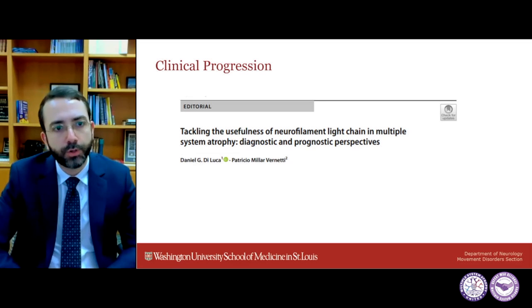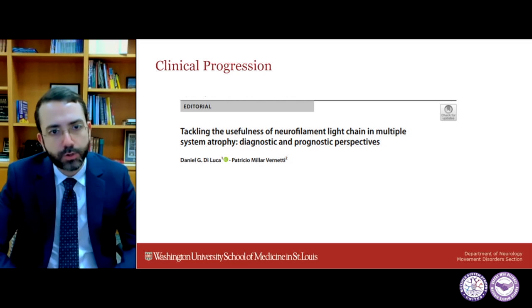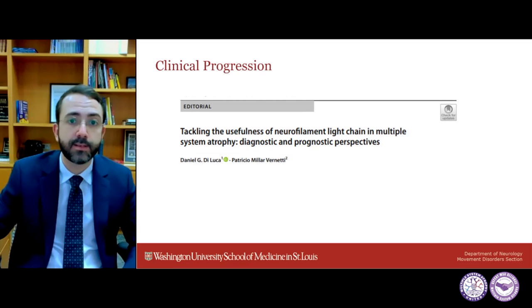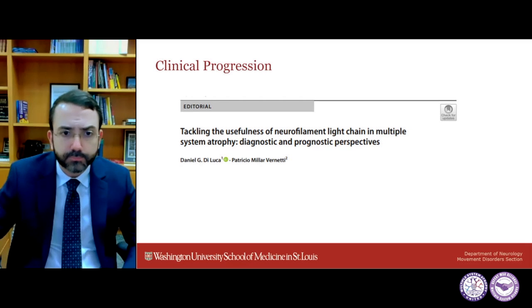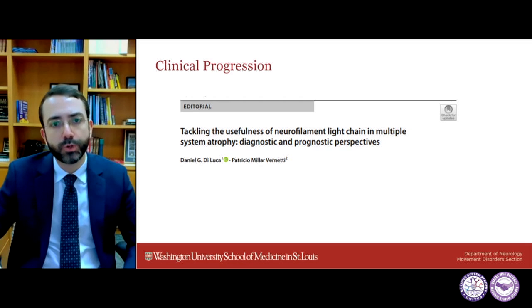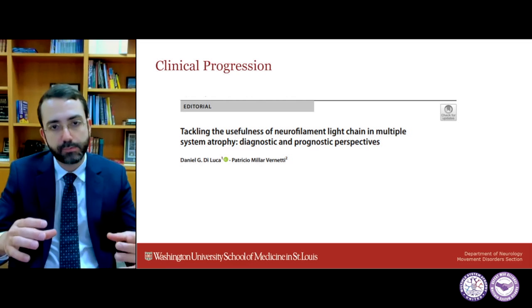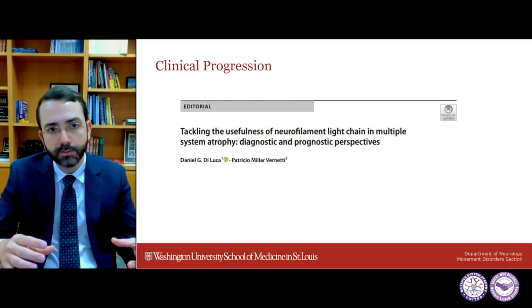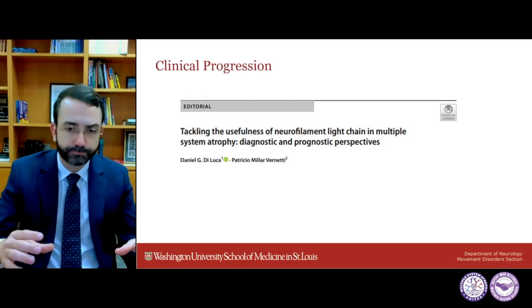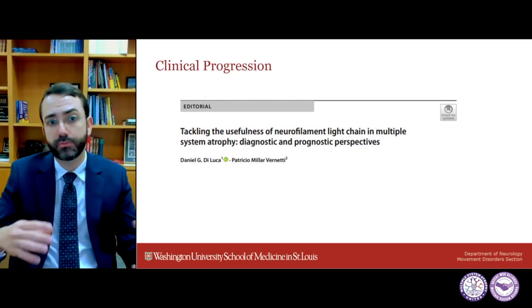In this editorial, both myself and Dr. Milar Vernetti from NYU discussed some of the challenges in both studies, and we suggested that we do need additional studies to confirm the possibility that CSF and blood neurofilament light chains correlate, and that there is any correlation with clinical progression.